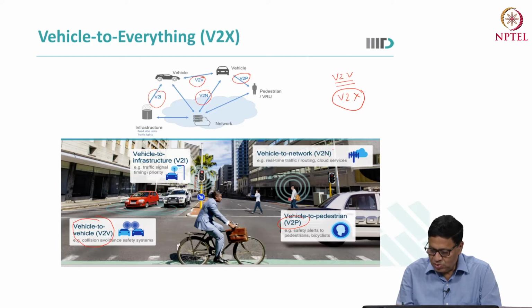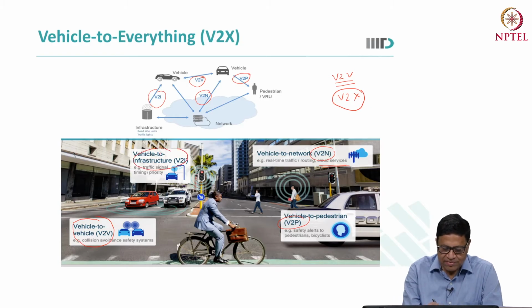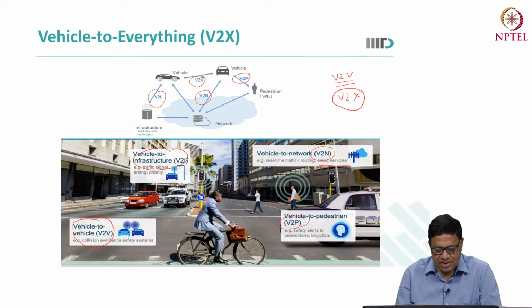And then you have vehicle to network, so you get real-time information of the traffic, routing, and the information is processed in the cloud. And then accordingly, appropriate decisions are taken. And then vehicle to infrastructure, traffic signal, for example, timing of traffic signal, priority, which vehicle should be given priority. So all those things are covered under these applications. So it is no longer V2V, it is V2X.